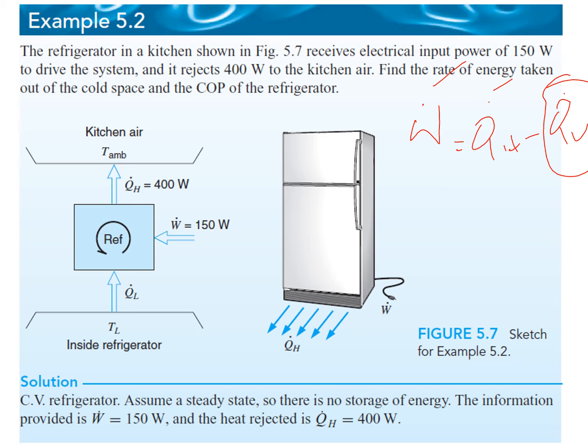And coefficient of performance, we know that the coefficient of performance for the refrigerator is QL dot over work dot. So we have these both quantities, so we can find the coefficient of performance.